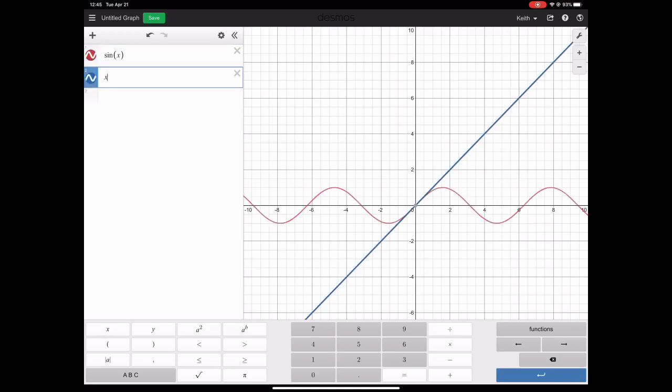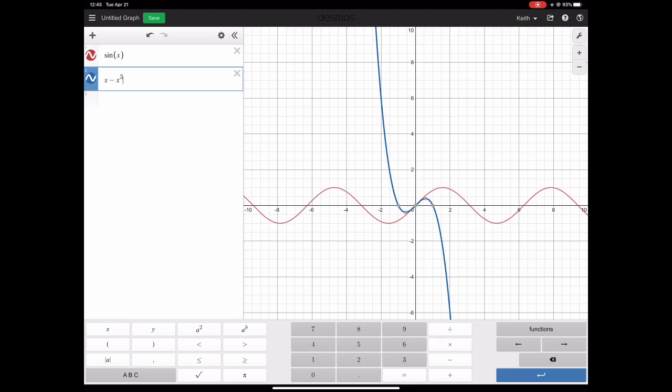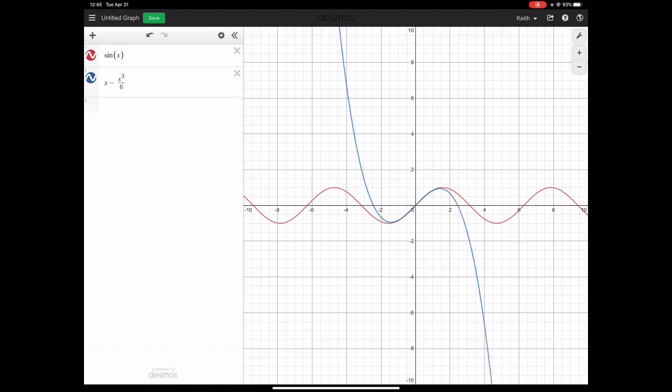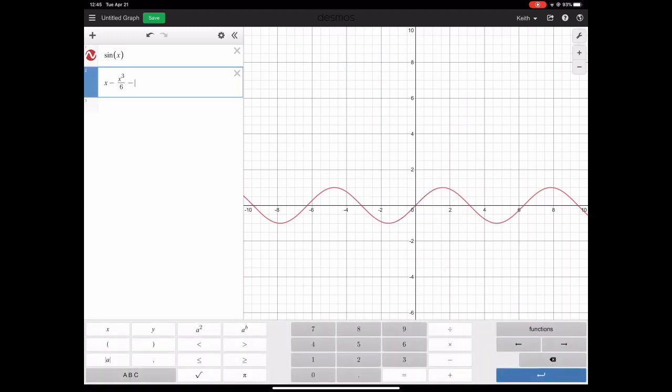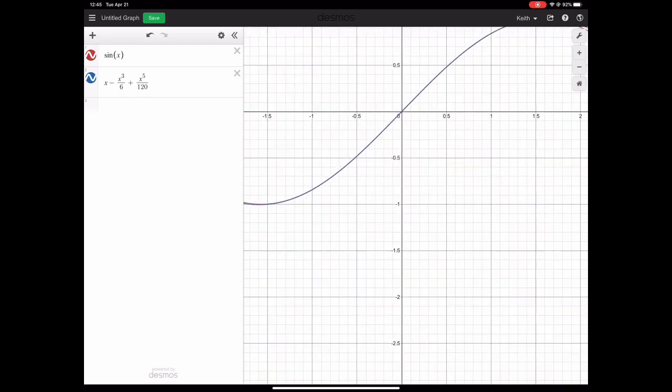And then x minus x cubed over 6. So this matches the first three derivatives, and then plus x to the fifth over 120. And so in this area, that's a good approximation.